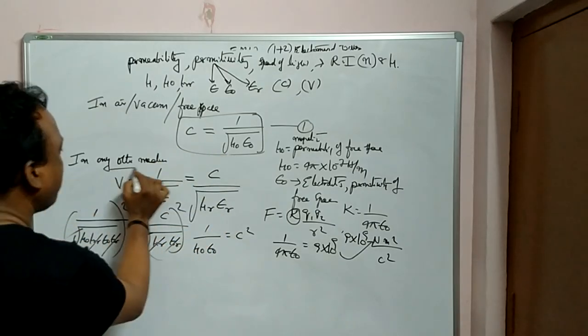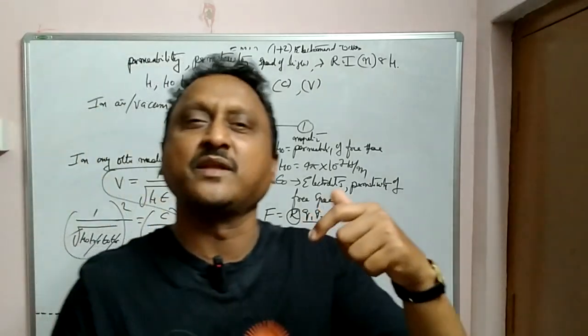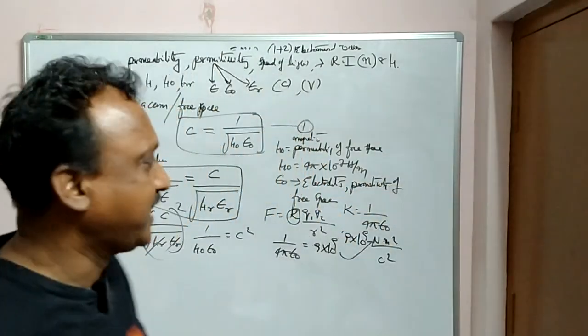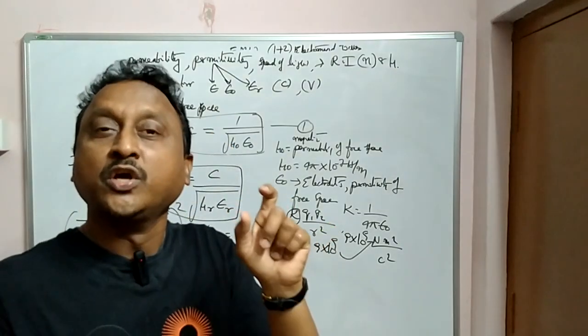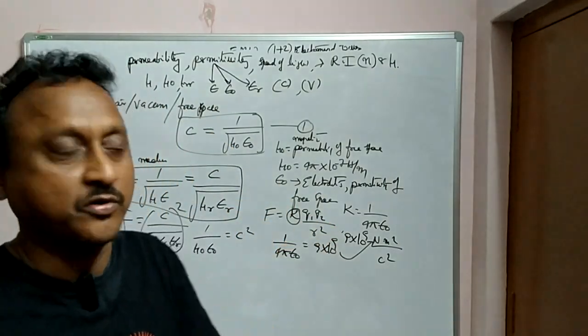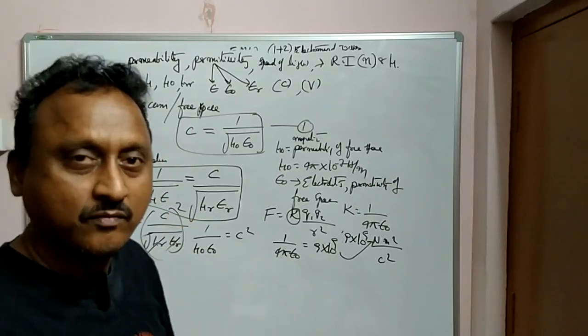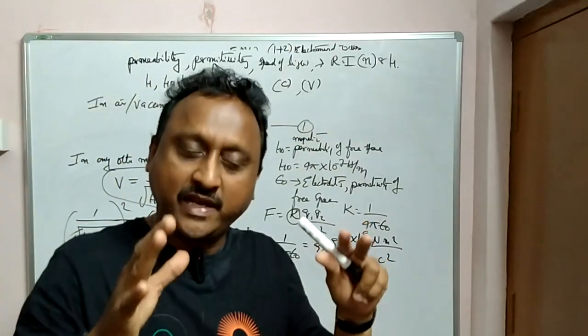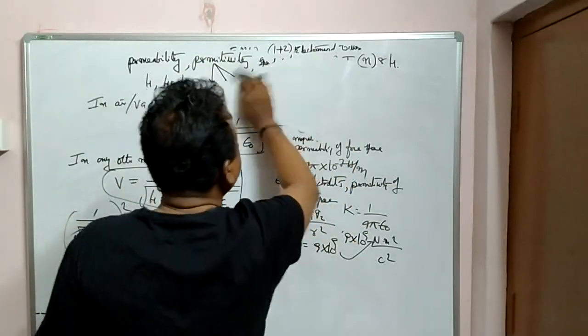So this formula is also right. When is this used? In any other medium other than air, vacuum or free space, speed of light is taken as 1 by under root mu epsilon, or equal to c by under root mu r epsilon r. Please note down. These are very interesting things from the examination point of view.